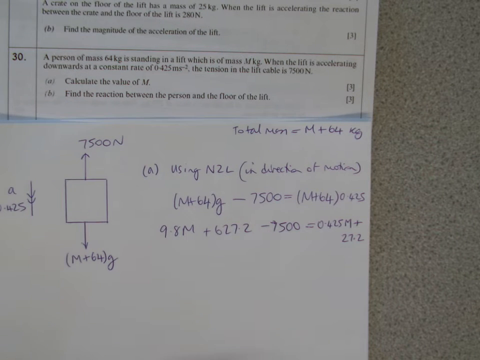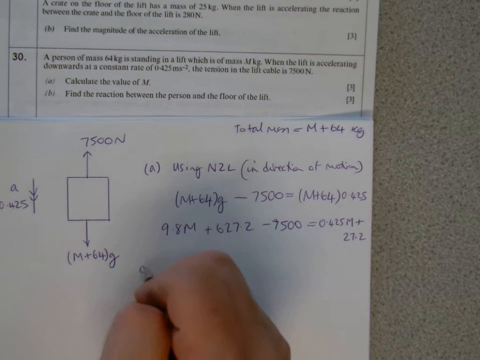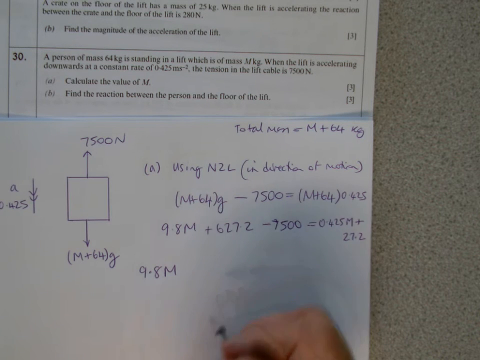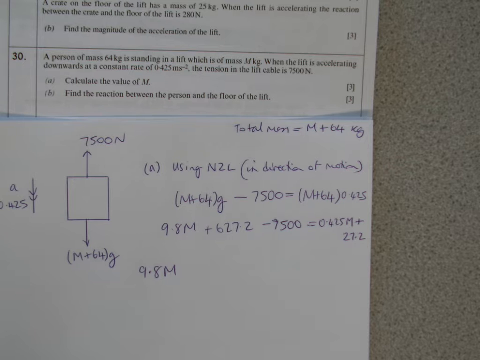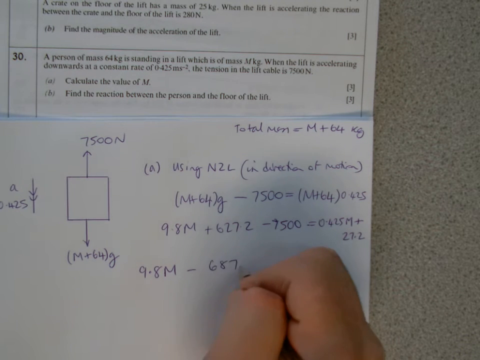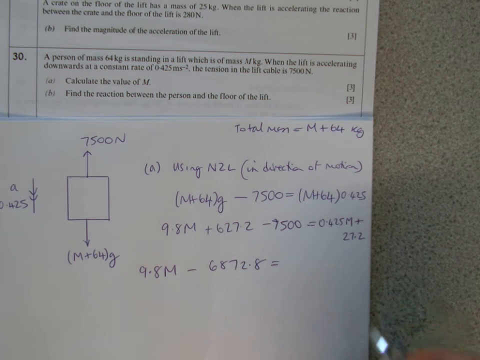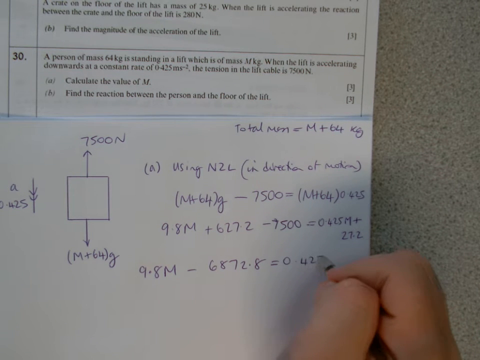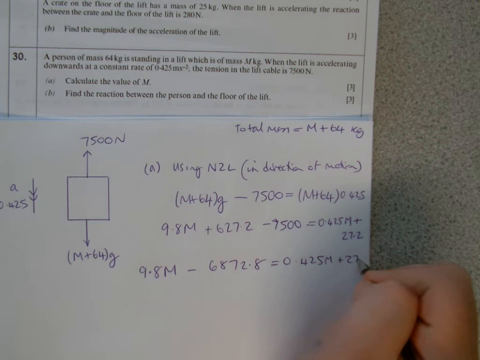Okay, so what we'll do then is tidy this left-hand side up a little bit. 9.8 m, 627.2, take away 7,500, so I get minus 6872.8, equals 0.425 m plus 27.2.